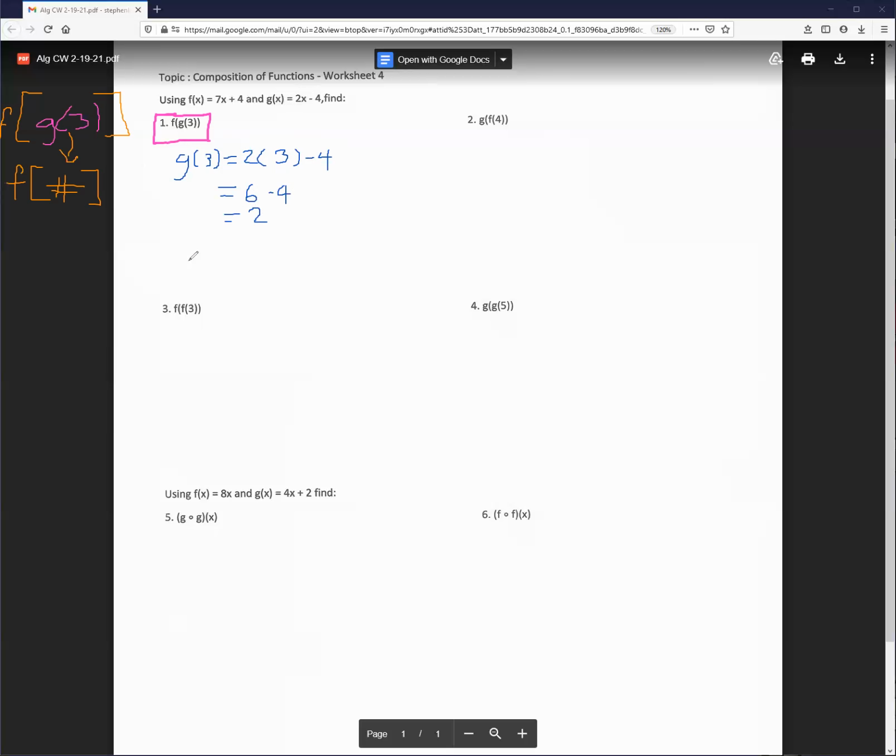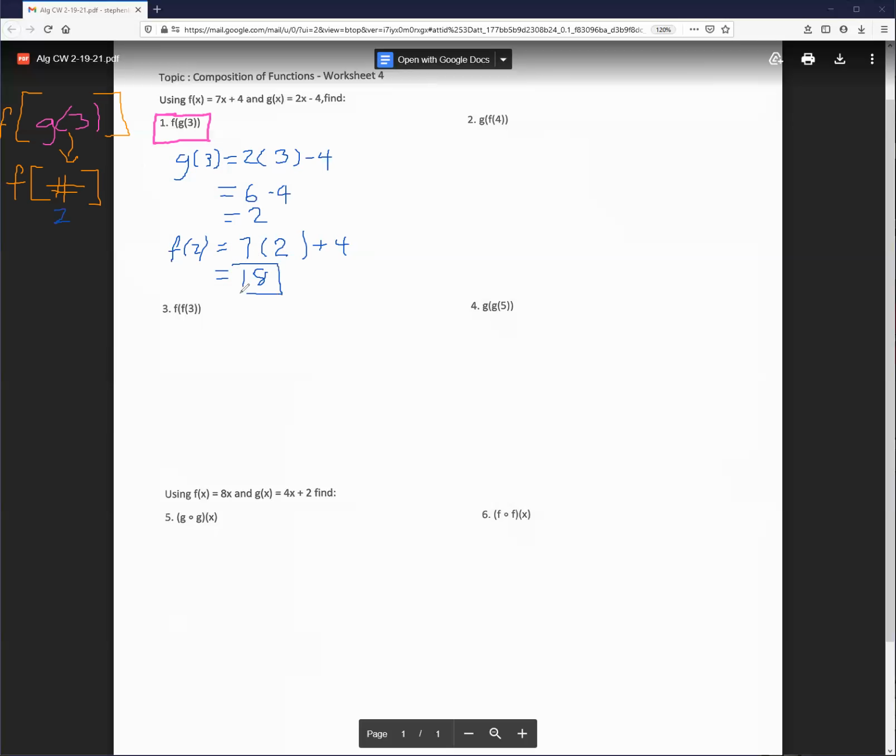Then we're going to do f of the result. We now know that this number right here is 2. So f of 2 is 7 times we don't know plus 4. The we don't know happens to be a 2. We actually do know. And so we have 7 times 2 is 14 plus 4 is 18.